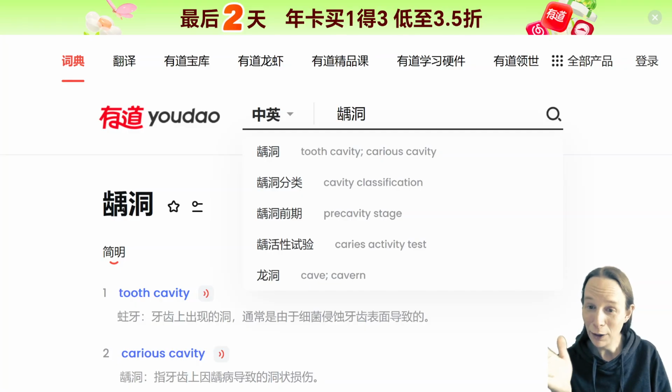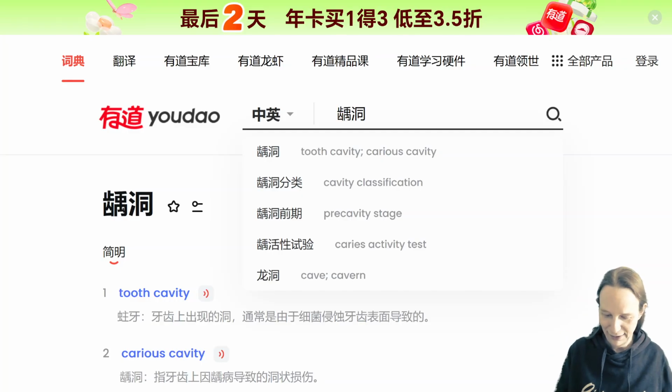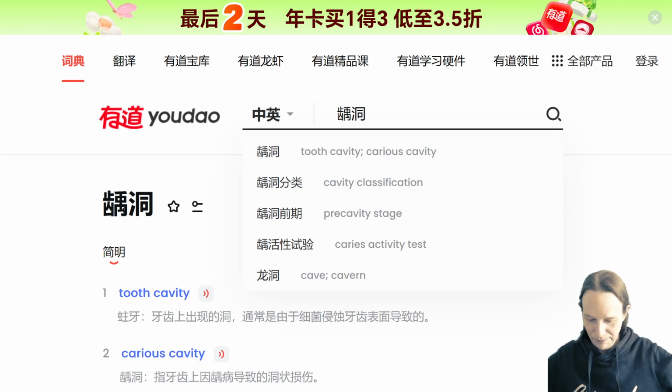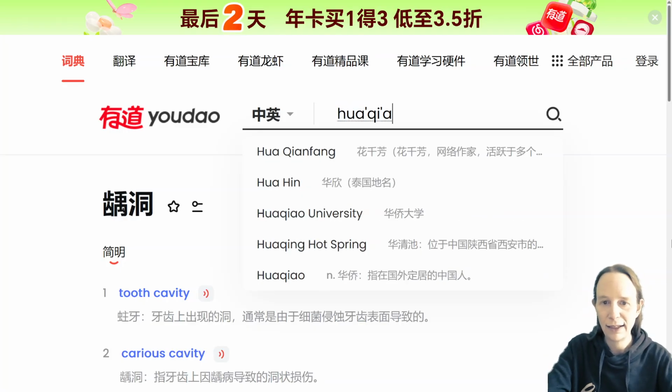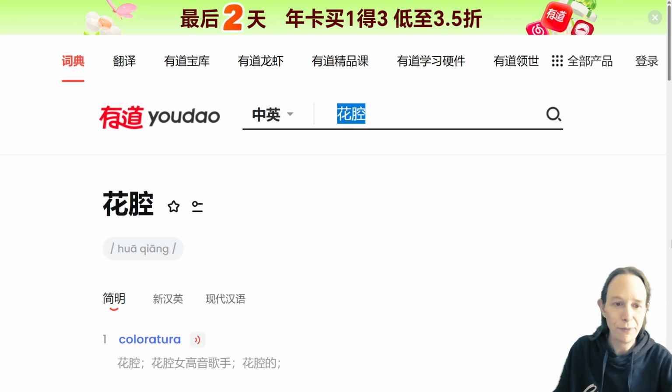And the examples are 口腔 and 胸腔, the 2 I gave already. Then 花腔, this is a different meaning.